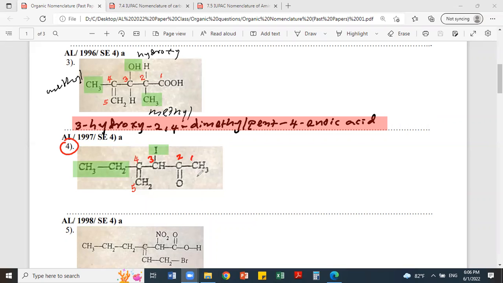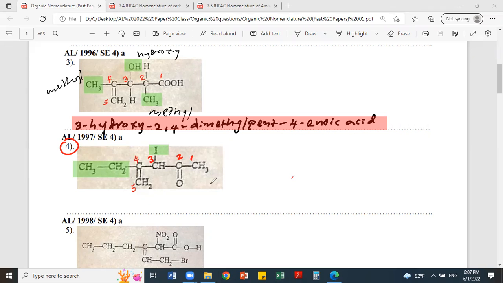Before that, first the substitute group, then the double bond or the triple bond, and then finally the functional group name. It's ketone. The name ends in one. 2 one. Okay. I don't know why you took 2 one first.